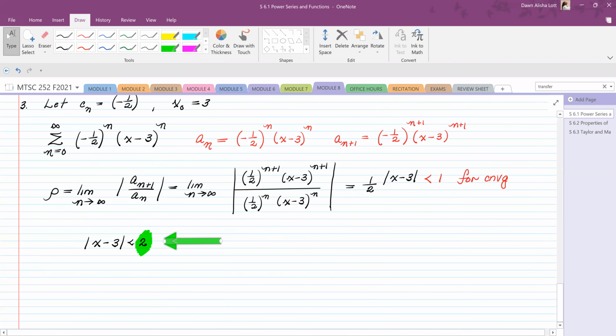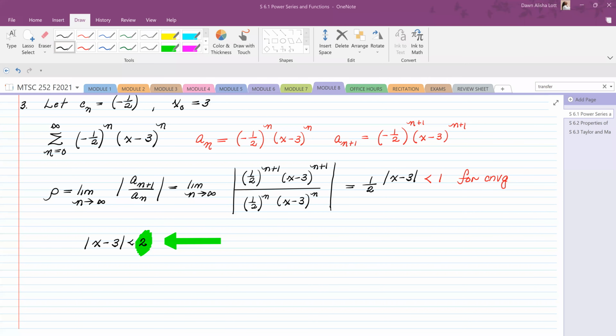Well, this one, I now am looking at the absolute value of x minus 3 less than 2. So this power series is about x naught equal to 3. So I'm trying to find how far from 3 this thing actually converges. All right, so this is the radius of convergence.